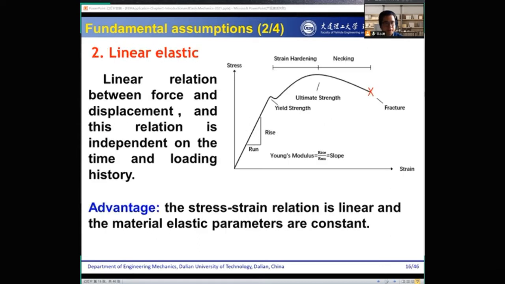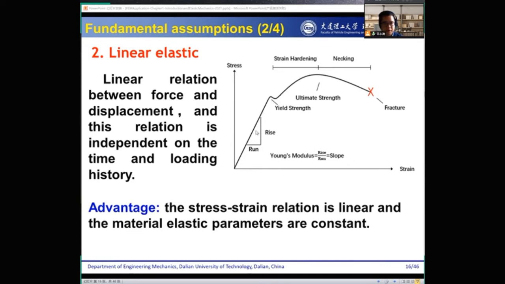Then the second assumption we make is to reduce the complexity of the problems. This is the linear elastic assumption. This is the stress-strain curve we all know very well, for a metal such as steel.